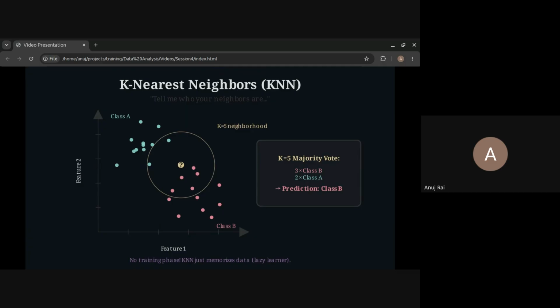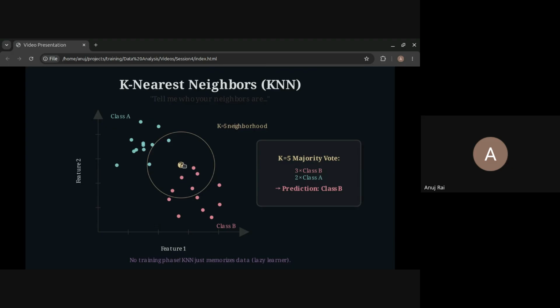So if this is a data point, it sees what its 5 nearest neighbor points are. Here, if you look, these are its nearest neighbor points, and most of them are in the red category.